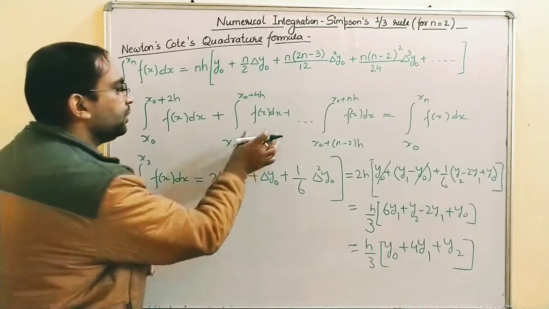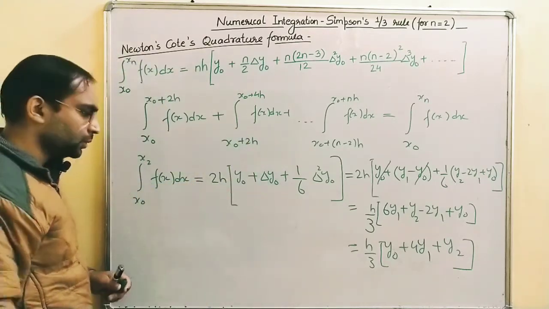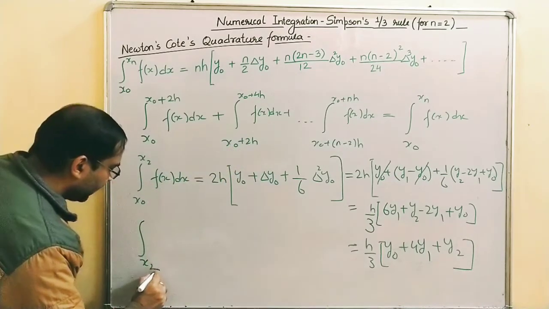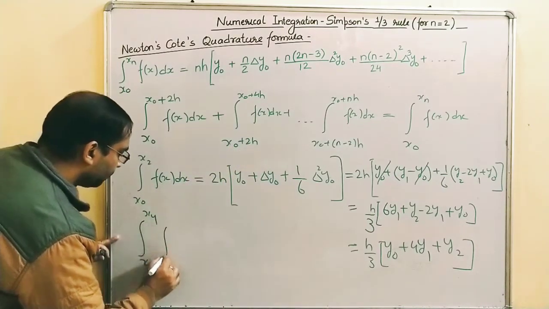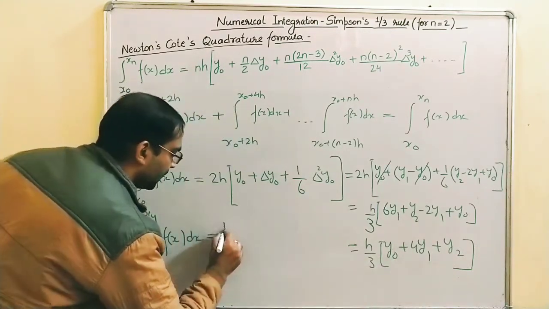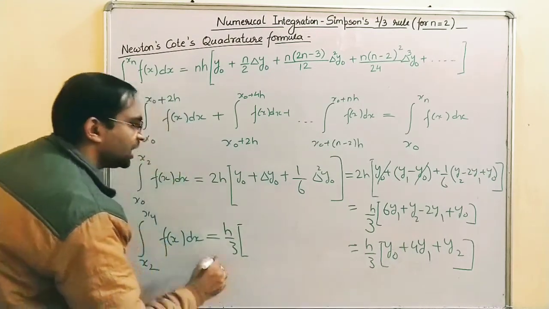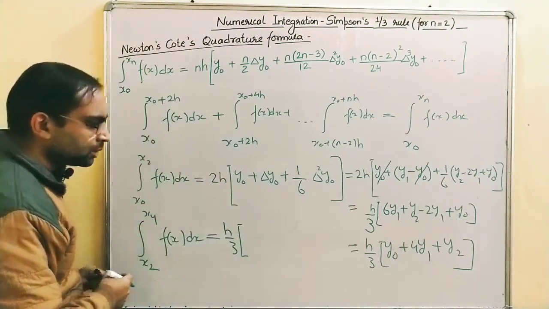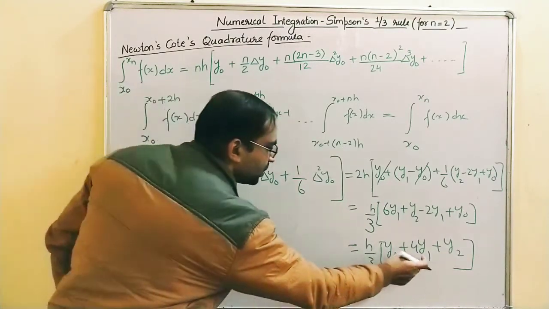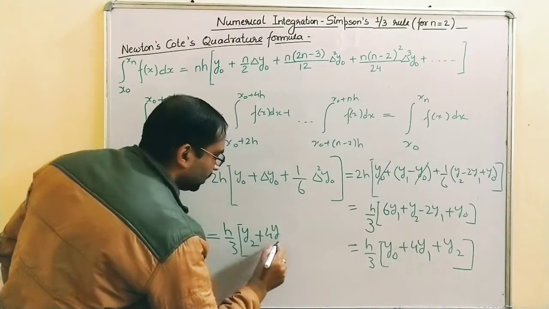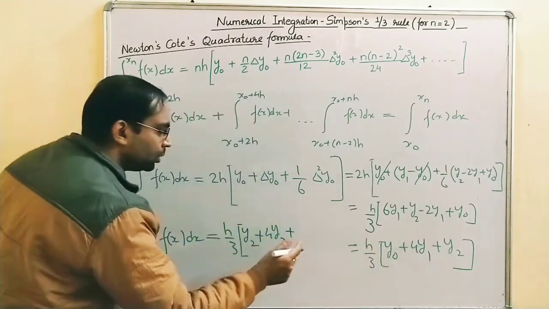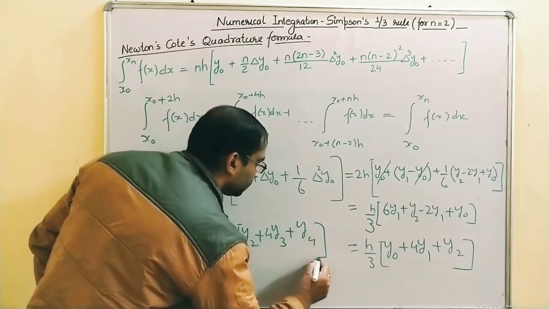In a similar way, we can get the second subinterval. So let me write the second subinterval. This will begin from x2 and go to x4, f(x) dx. According to this formula, we'll have h upon 3, and as we are shifting two intervals, instead of y0 we will have y2, instead of y1 we will have y3, and instead of y2 we will have y4.